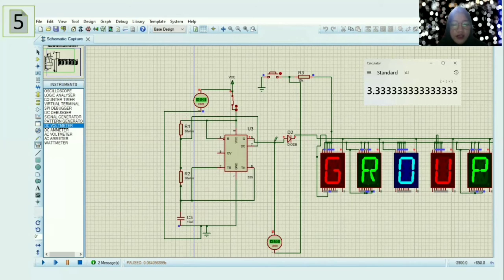So the voltage received by the circuit is 2 divided by 3 times 5, equal to 3.3335, and the LED is on because of high voltage.